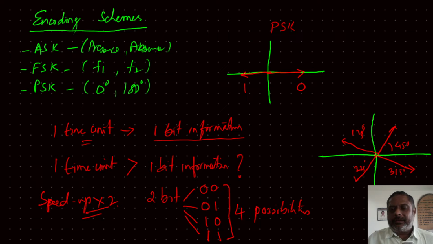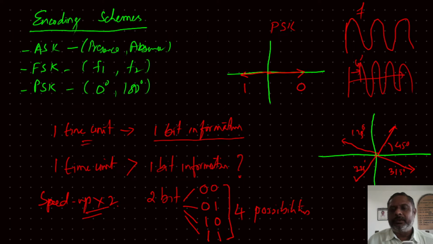So if we can make these phase differences possible, so we have a standard sinusoidal signal of some frequency f, and if you delay it by 45 degree, then there is a phase shift of 45 degree, then you are talking about this.